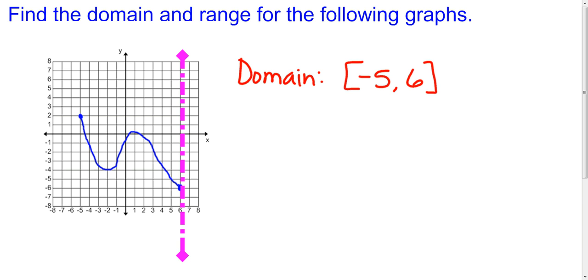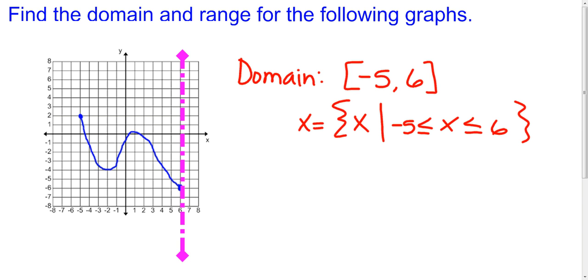If it was an open circle on either of those ends, then I would have a parenthesis surrounding that instead of a bracket. But that's one way to write it. Or I can write it in set notation, the set of all x such that your x values are between -5 and 6, greater than or equal to, because again, those are closed circles. Okay, so that's your domain.